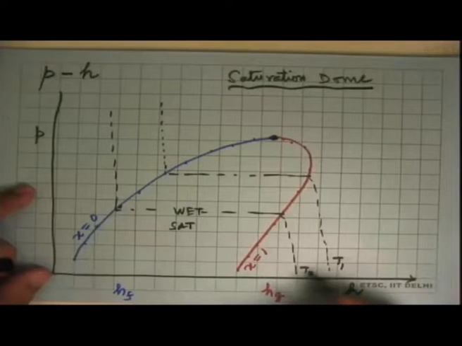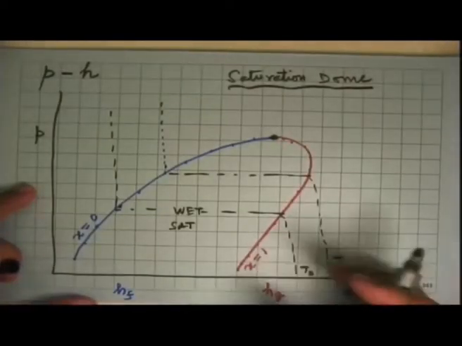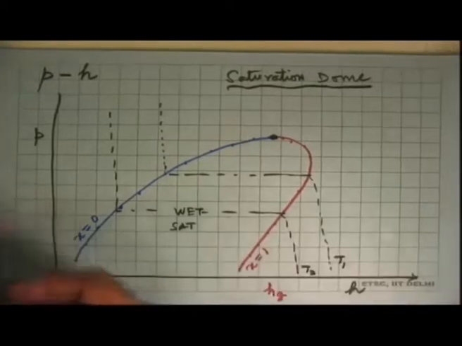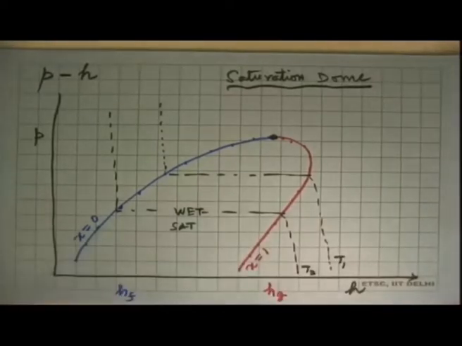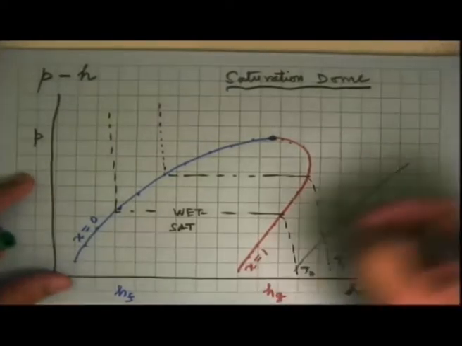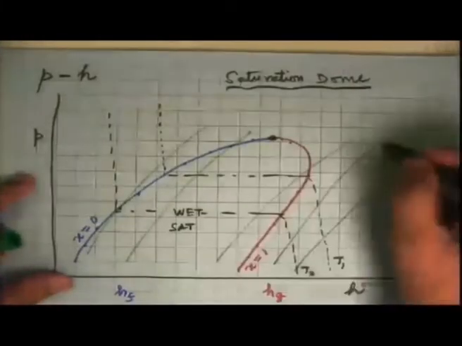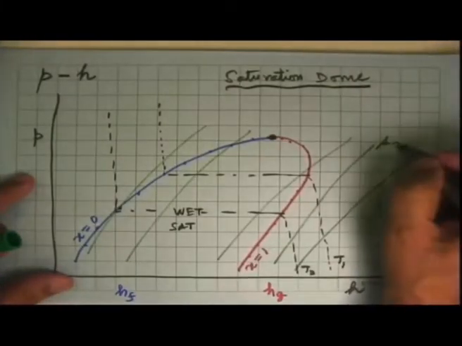And like that there will be a family of these lines. Along with that, we can also plot constant entropy lines. So that was T, and constant entropy lines on this diagram end up going something like that: S1, S2, and so on.